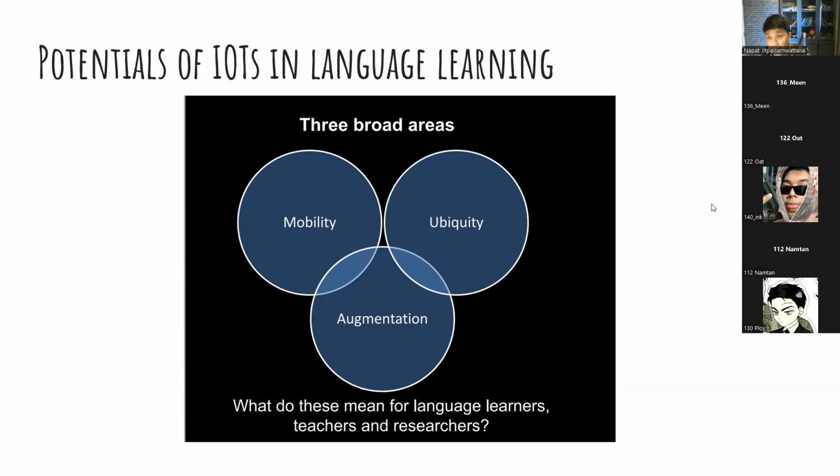First is mobile, so you can learn anywhere. Okay. Second is augmentation, so it can actually augment your learning experience. And the last one is it's ubiquitous, so it's pretty much everywhere, so it can be learned in various different ways, right?